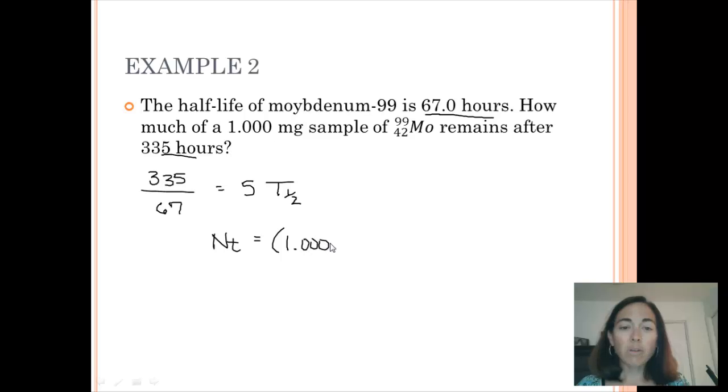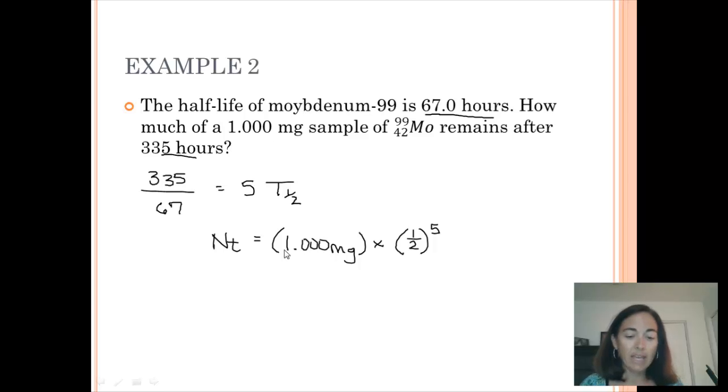Now we have a 1 milligram sample to begin with, because remember 5 half-lives. So again, in your calculator, we're going to do 1 times 1/2 to the 5th power.